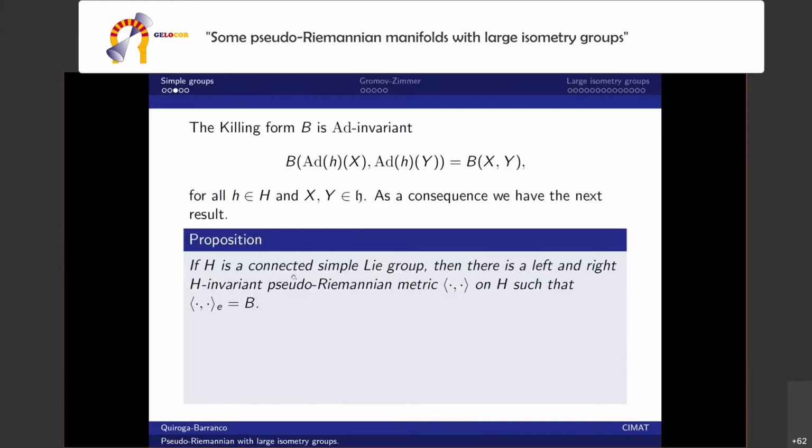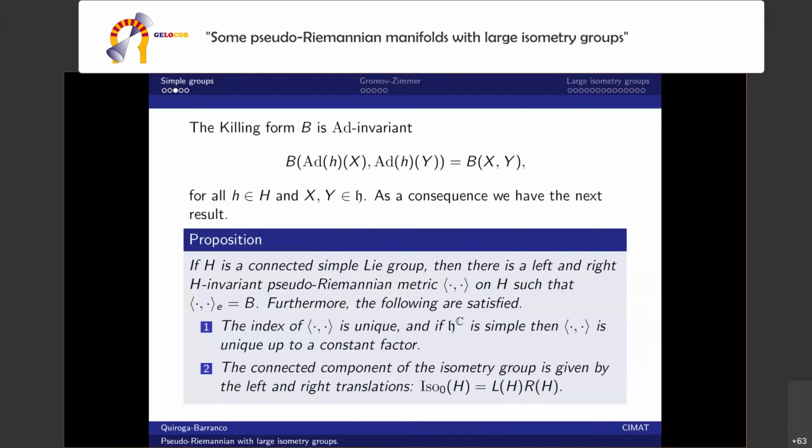So here is the statement. Let H be a connected simple Lie group. Then there is a bi-invariant pseudo-Riemannian metric on H whose value at the identity is just the Killing form. About this metric, the index is unique: if you take any other bi-invariant pseudo-Riemannian metric, the index is going to be exactly the same.